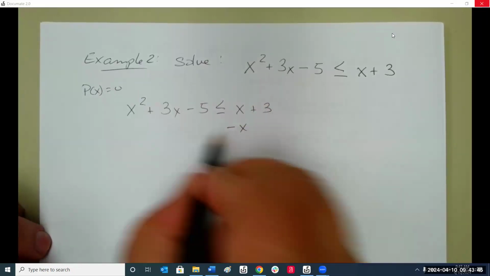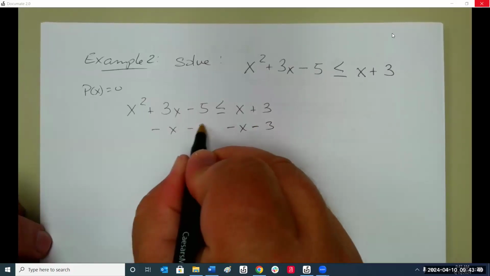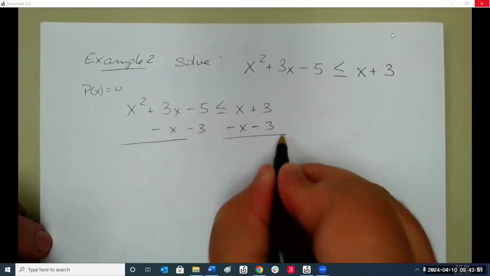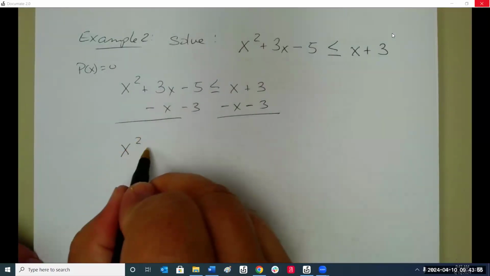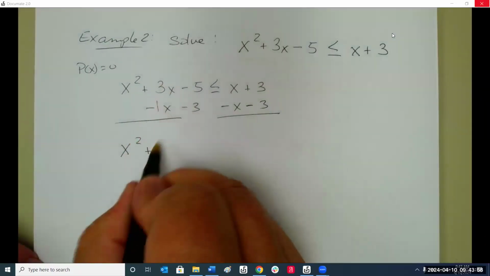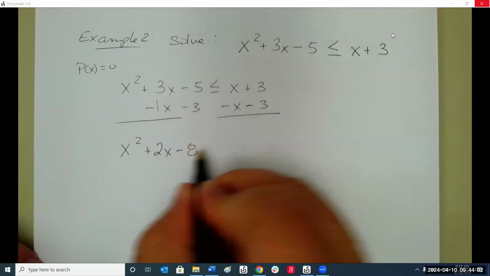So we subtract x and we subtract 3 from both sides. Three minus 1 is 2. 5 and 3 is 8.